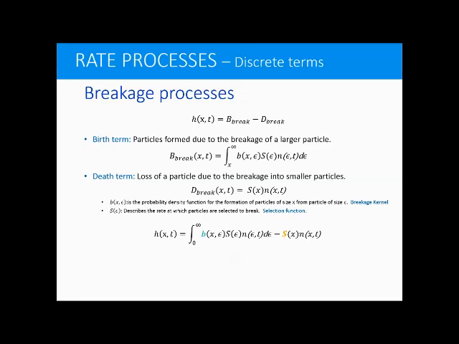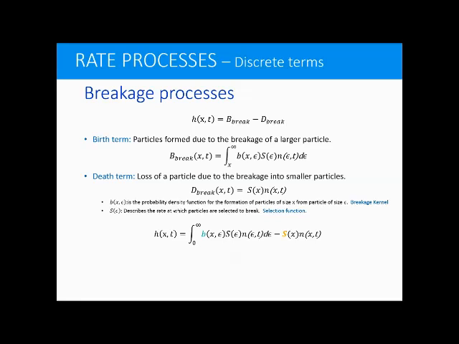So under the integral, there are three terms: b, the fragment function; s, the selection function, or just the rate at which particles of a certain size break; and finally the number density, so the amount of particles that are a parent of that size.